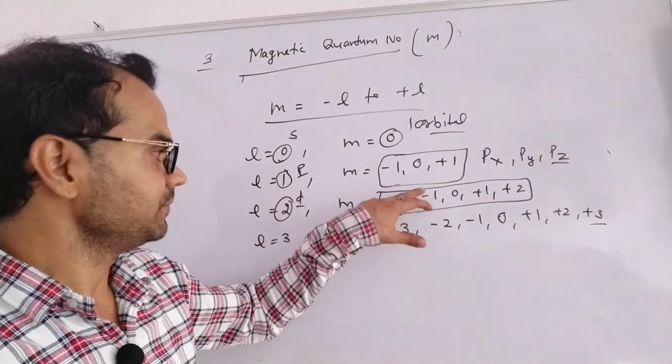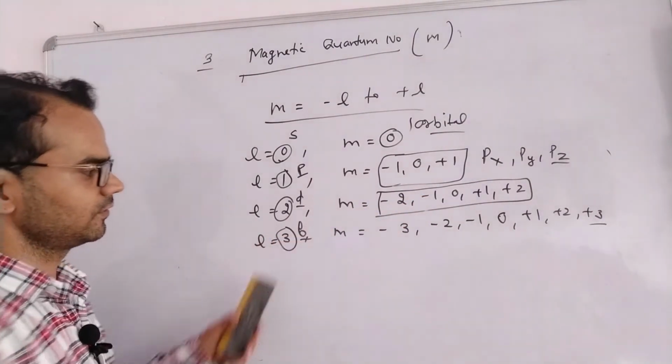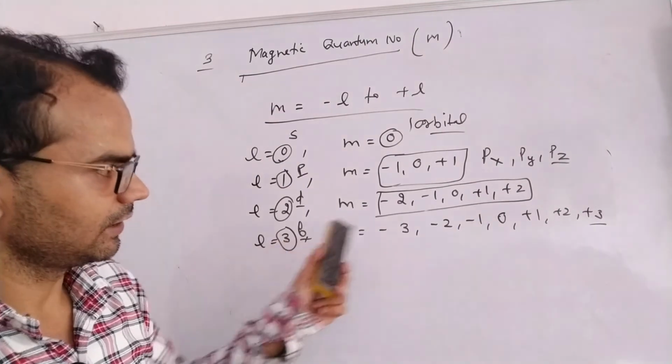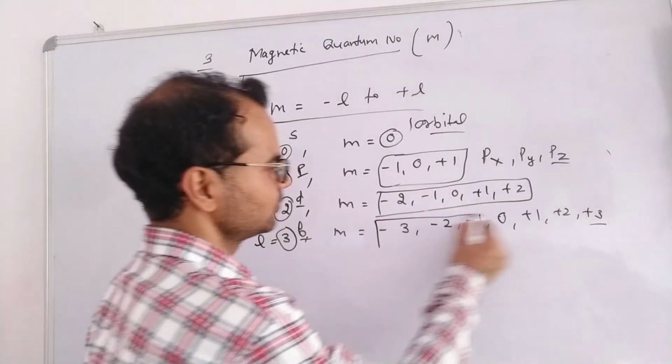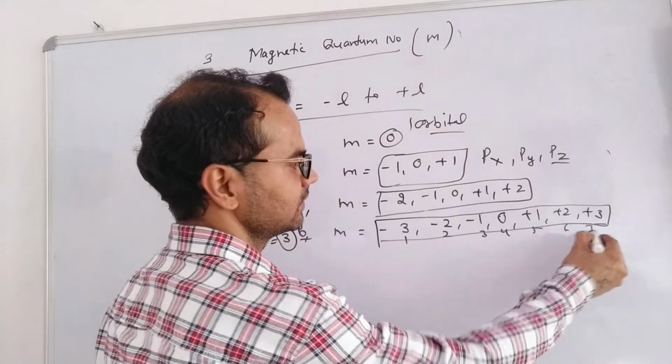Later on we will derive the names also. l equal to 3 stands for the f subshell. The f subshell contains 7 orbitals. You can count: 1, 2, 3, 4, 5, 6, 7.